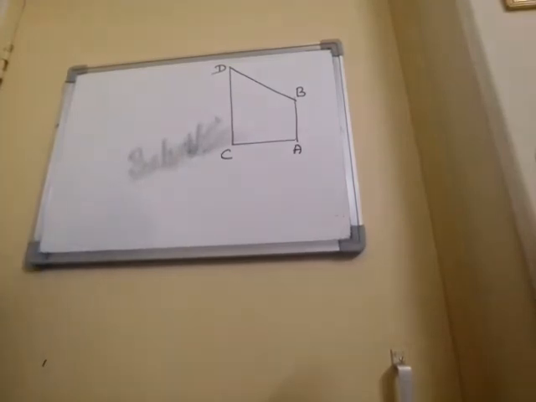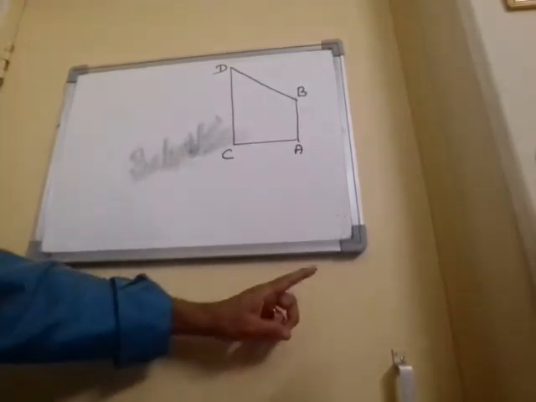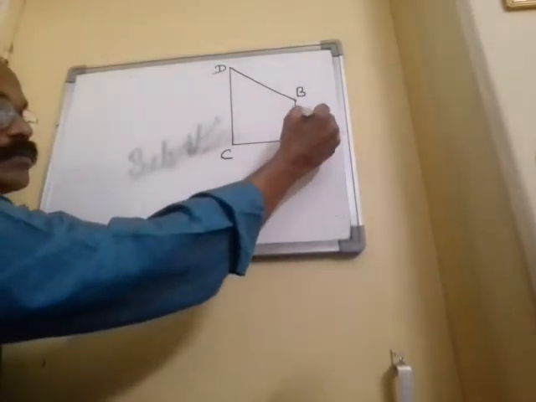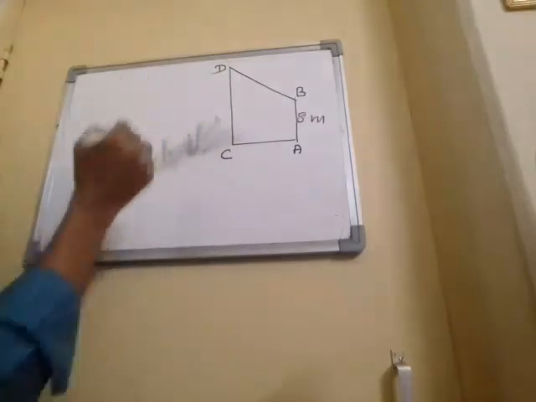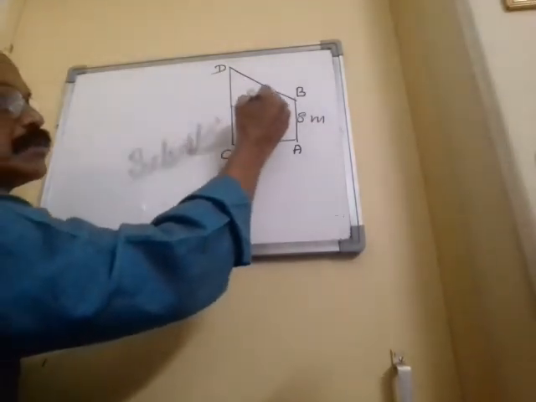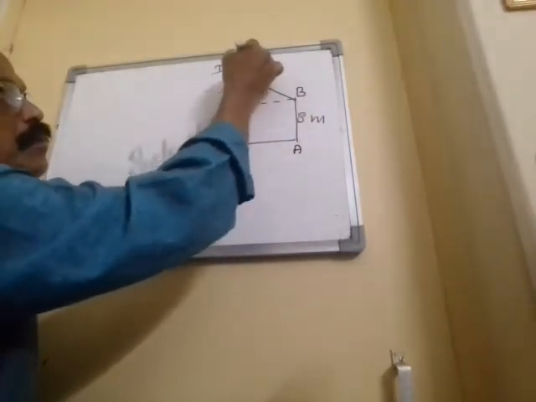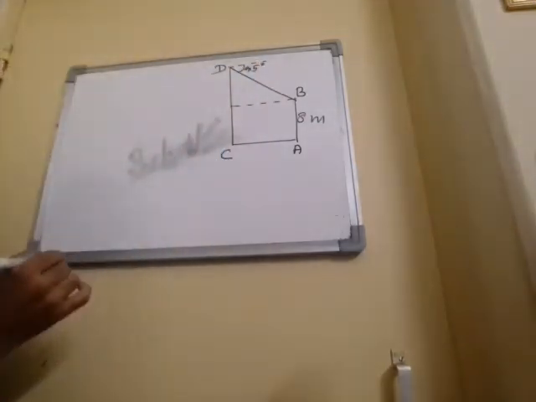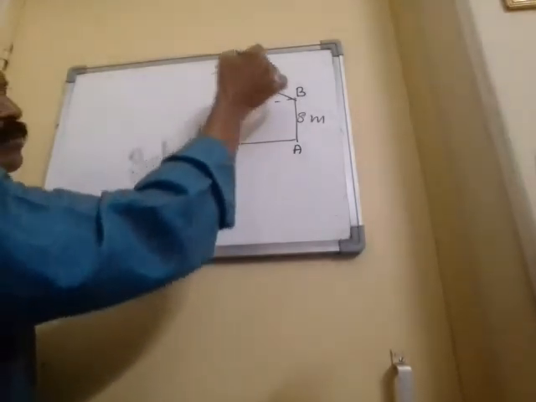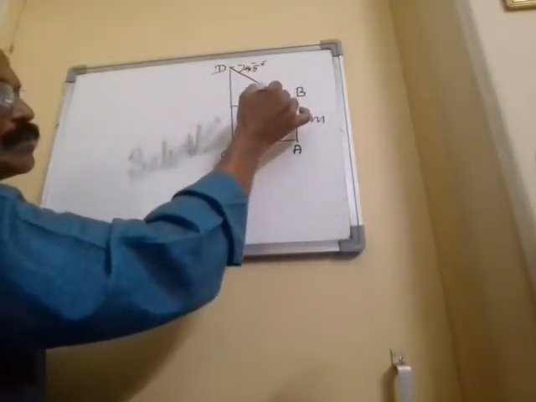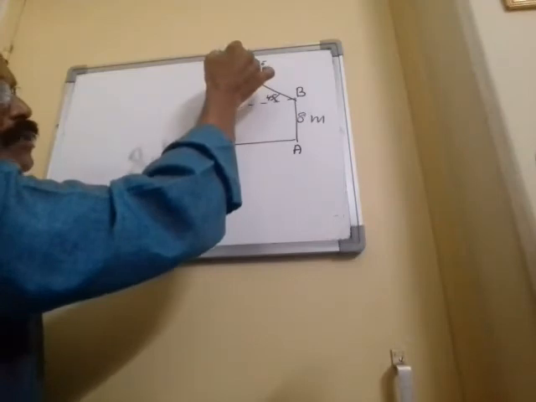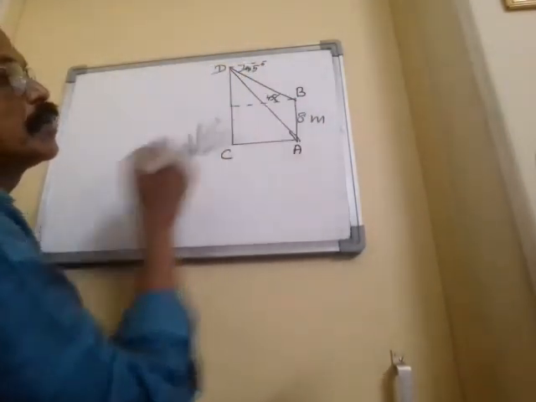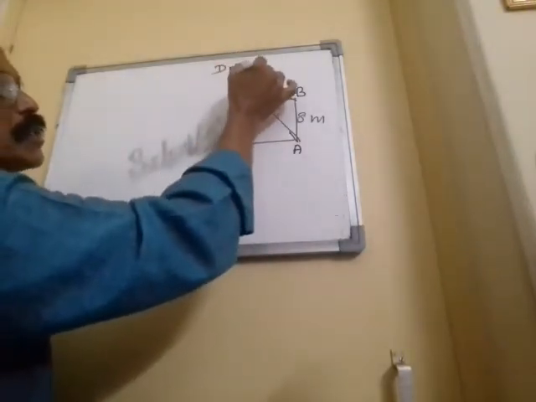Now the other given conditions, the first building, the height is given 8 meter, and from here the angle of depression 45 degree, that is to the top of the building from multi-storied building, and so this is also 45, and from the top of the multi-story building to the bottom, the angle of depression is 60 degree.